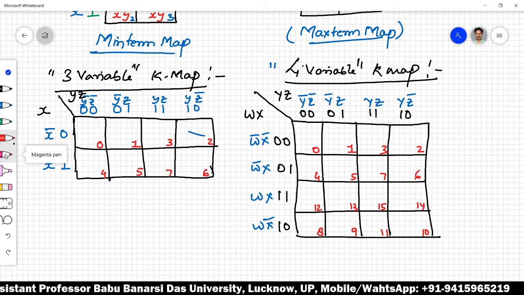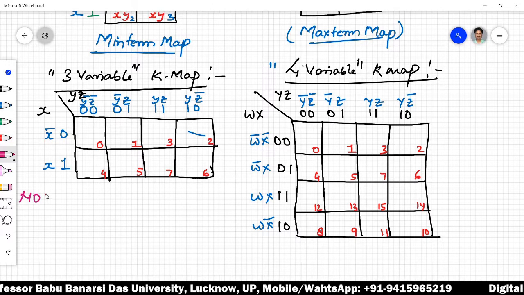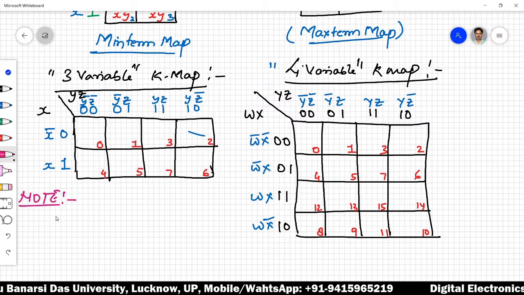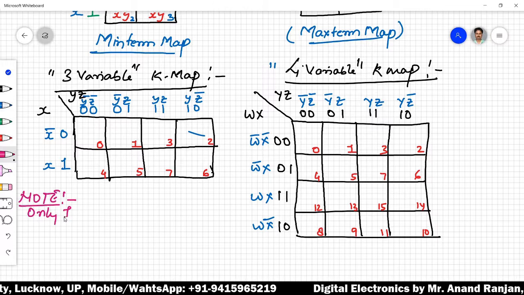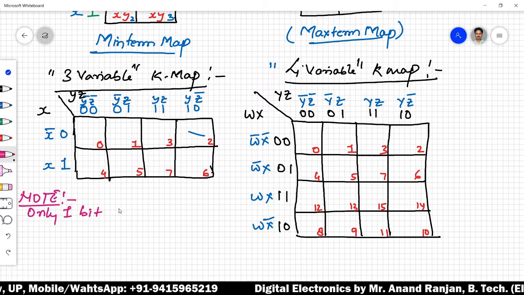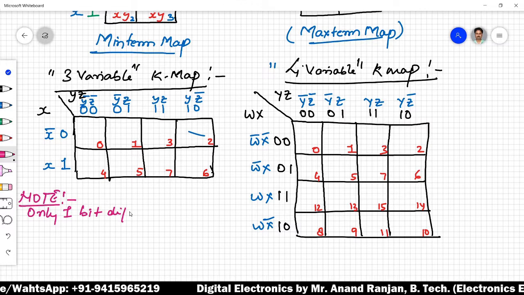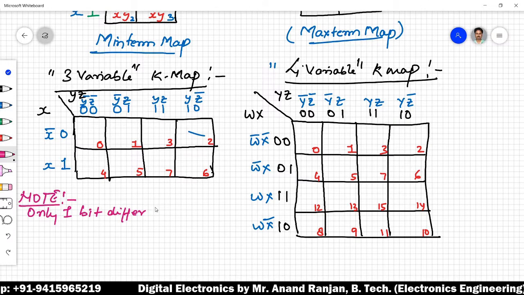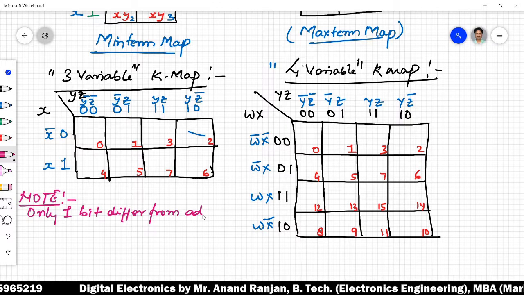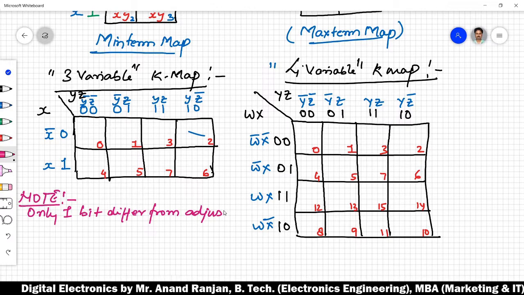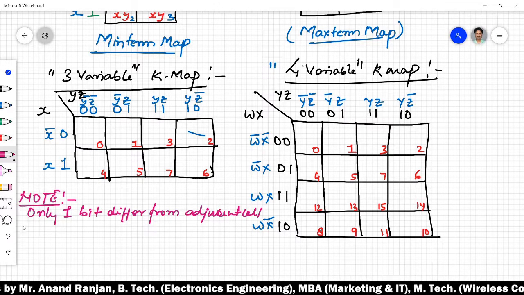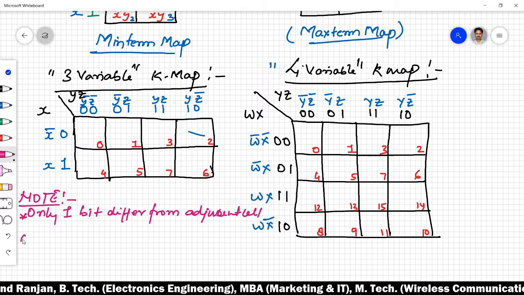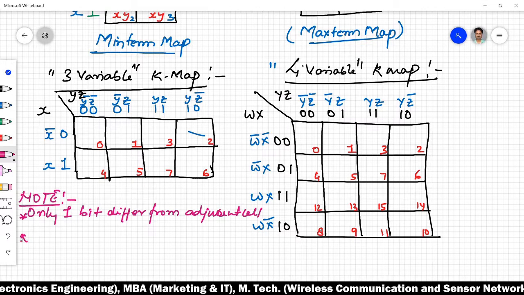The reason I am writing this as a note point here: note, only one bit differs from an adjacent cell, and corner also become adjacent. This is important. We will discuss the use case.